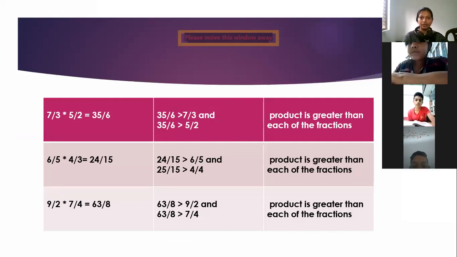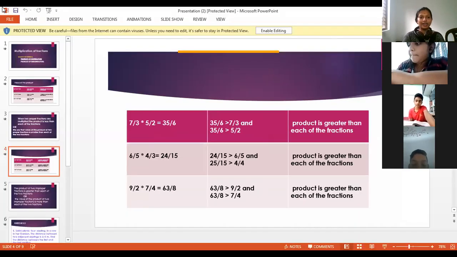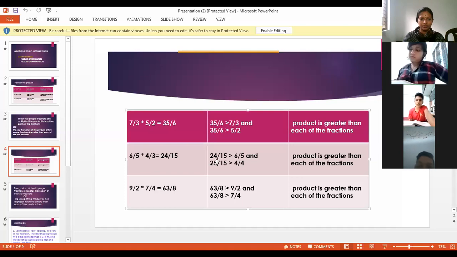Okay, then what is the third row? In the third row, you have to fill the denominator part. What should be the denominator? 8 divided by 2 is 4. We have to fill the blank with 2.